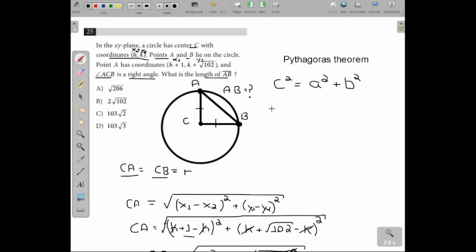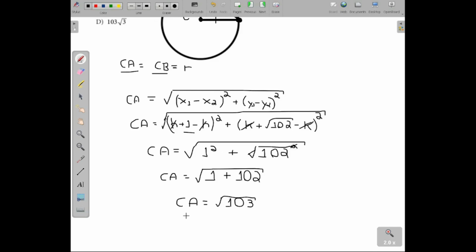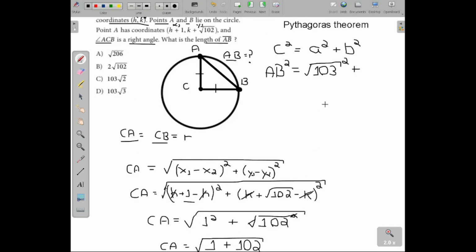Now we can replace here. AB squared is equal to CA squared plus CB squared, and we found that CA is equal to the square root of 103, so the square root of 103 squared plus the square root of 103 squared.